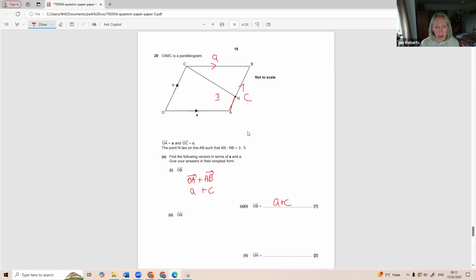So it's 3/8 of C from A to N. N to B is 5/8. So O to N equals O to A plus A to N. O to A is A. A to N is 3/8 of C. That's your short answer. Cannot simplify it.